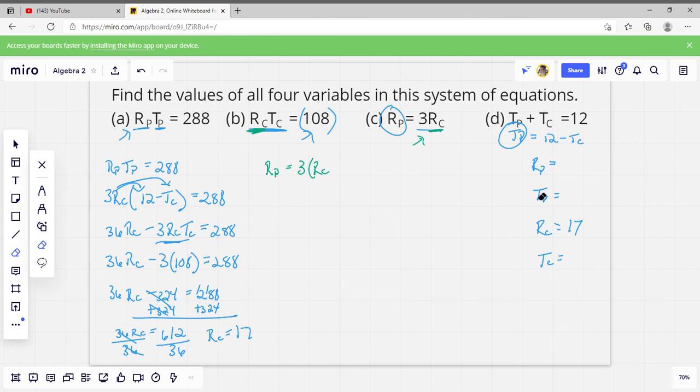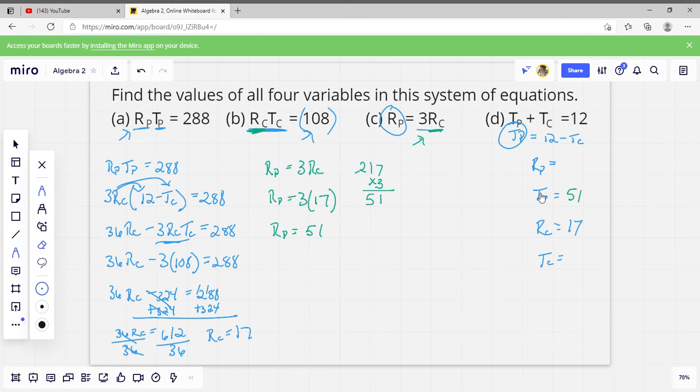So we substitute in 17. RP equals 3 times 17. Like I said, you can use a calculator for this. RP equals 51.